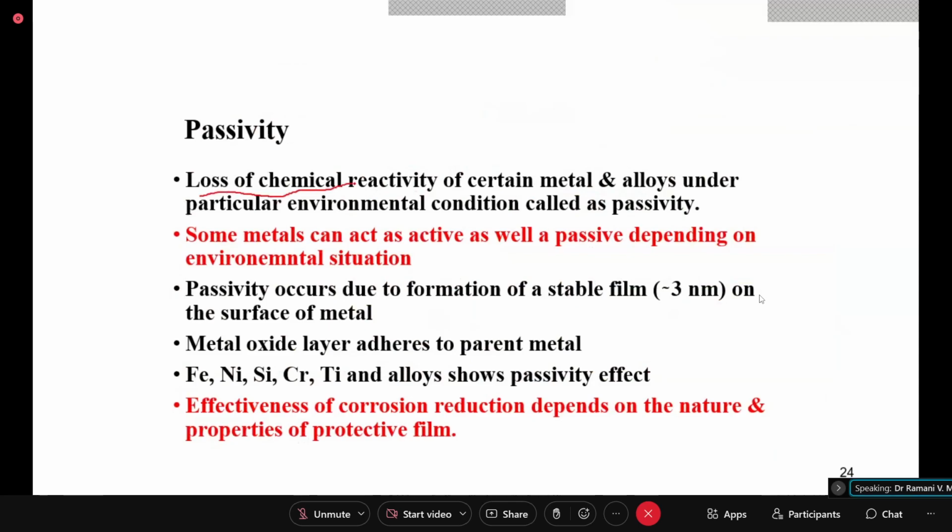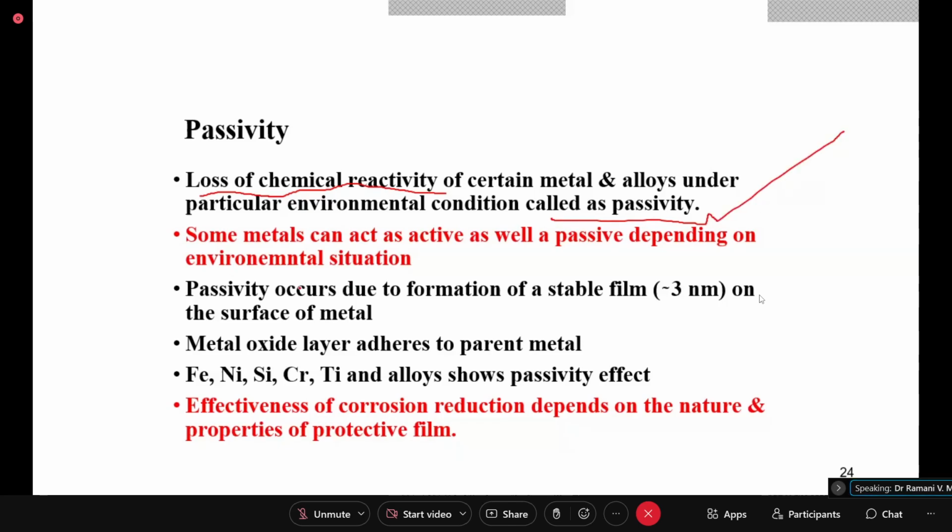Actually, if some metal is active or reactive in nature, then due to passivation, it will lose its reactivity. The loss of chemical reactivity of certain metal and alloys under particular environmental condition is called as passivity. Okay, so this is a favorite question in corrosion chapter.